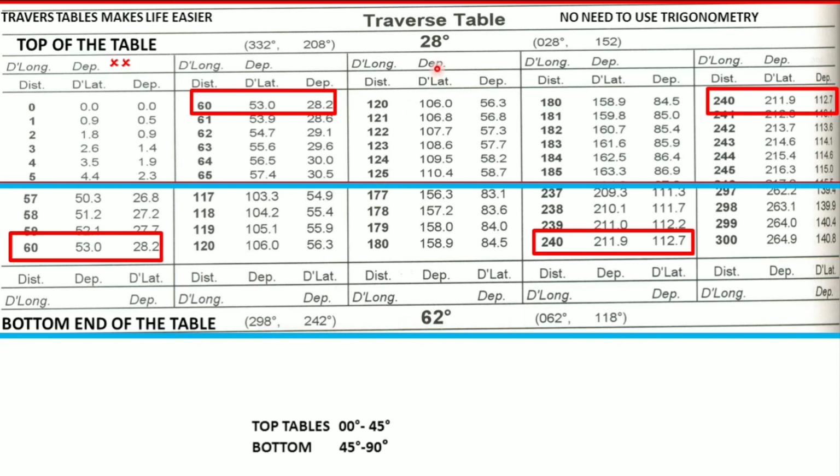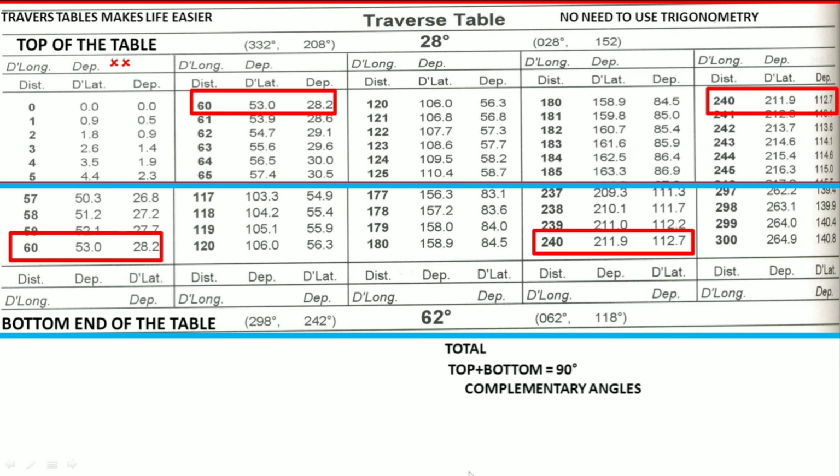So any angle what you see on top, the complementary angle would be at the bottom. So you don't have to search around where the complementary angle is. Sum total of top and bottom is always 90. So if you have got angle 30, below that should be 60.